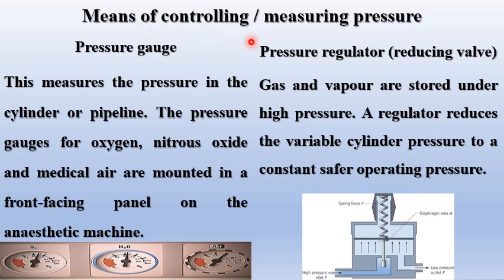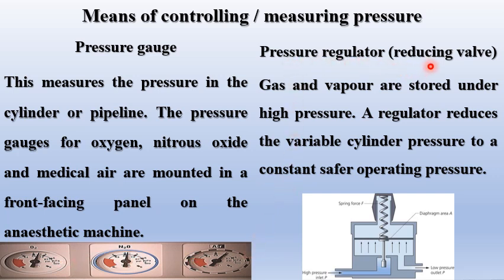For controlling and measuring pressure, we have what is called a pressure gauge. This measures the pressure in the cylinder or pipeline. The pressure gauges for oxygen, nitrous oxide, and medical air are mounted in a front-facing panel on the anesthetic machine, like here.